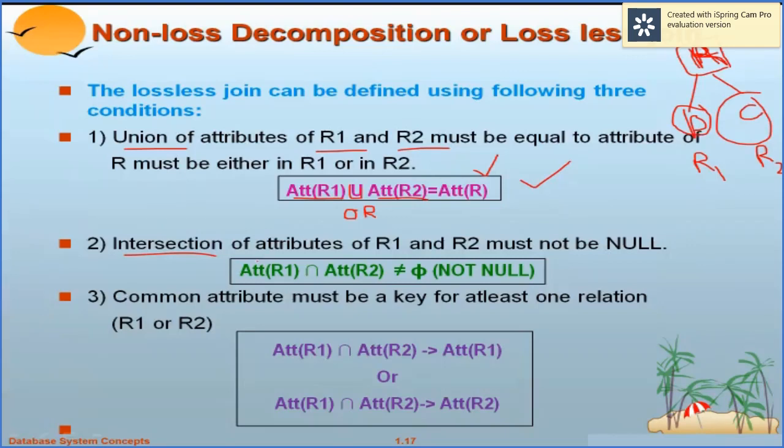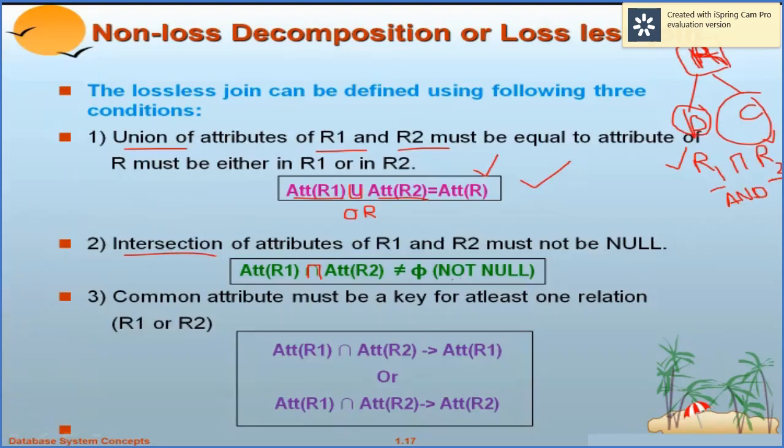Next one is the intersection operator. So here, if I apply an intersection operator between the attributes of R1 and the attributes of R2, think for yourself what the output should be. When I put an intersection between R1 and R2, it is acting like an AND operator. So it should give me the attributes which are present in both R1 and R2. So can there be any common attribute?